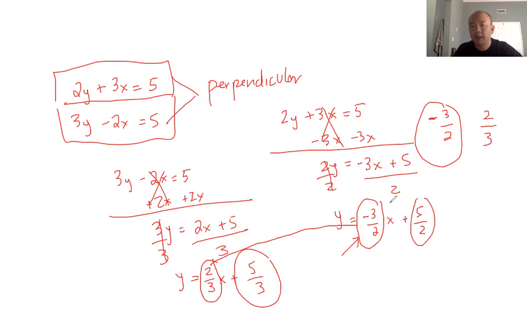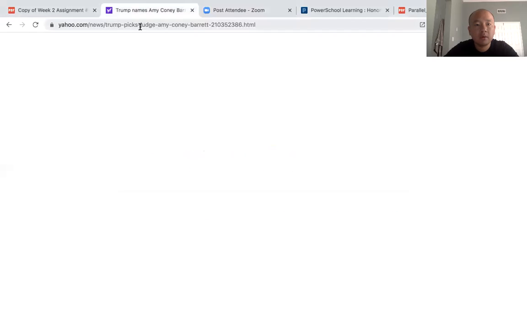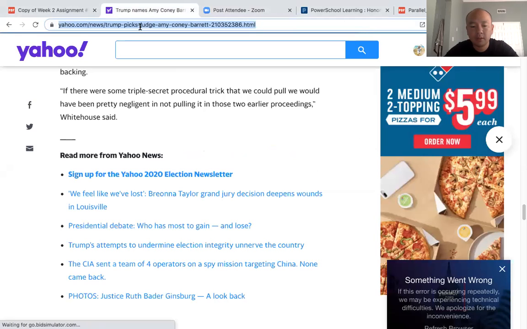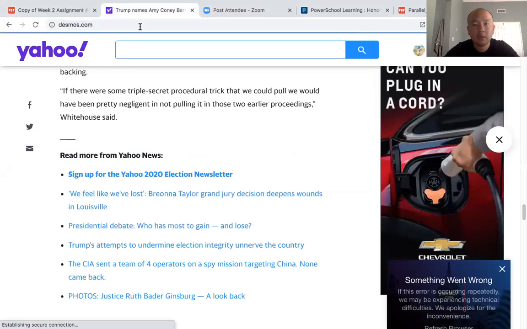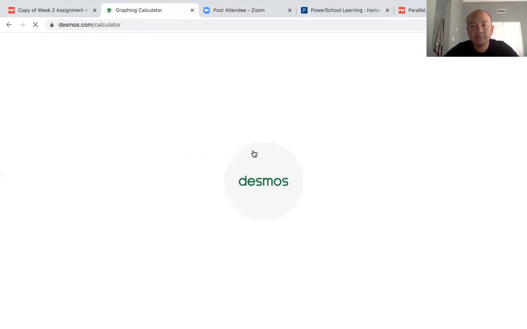Okay, and if we graph this, give me a second, let me graph this on the Desmos calculator just to make it more clear. Let me share, let's go with the Desmos graphing calculator here.